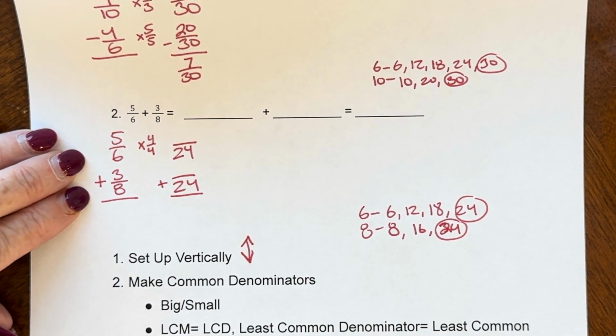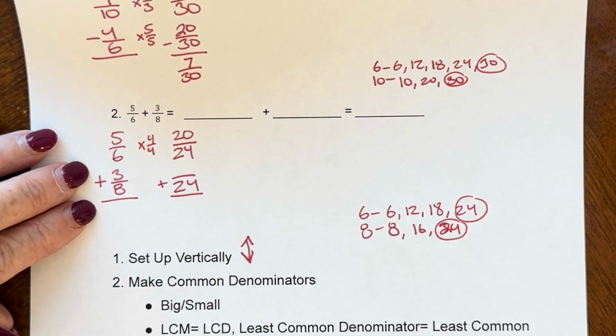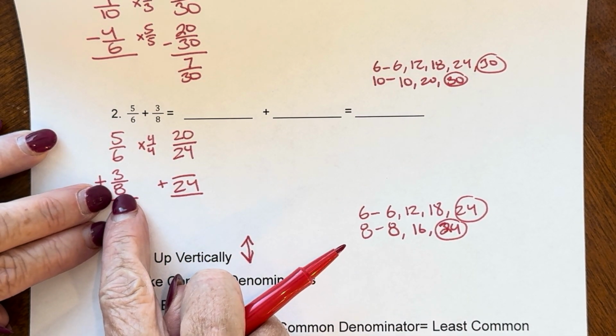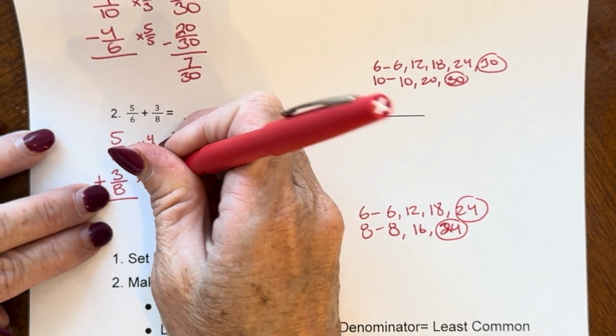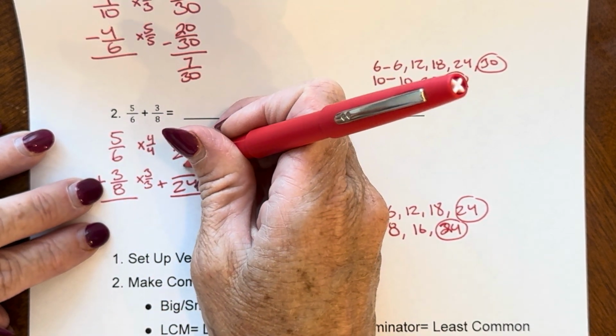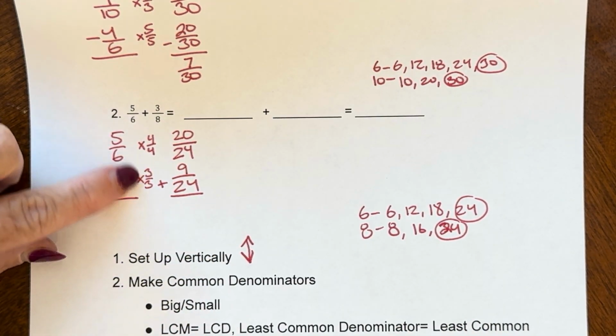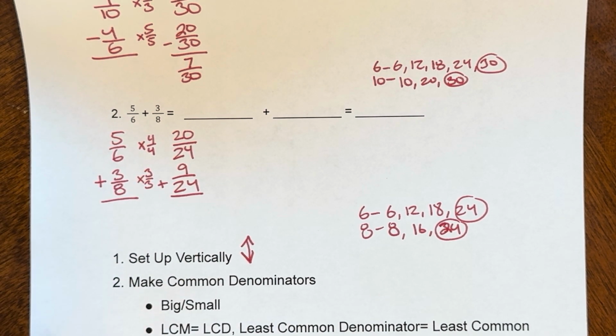So I'm going to multiply the whole fraction by 4/4, which gives me 20 and 4/24. I'm going to multiply 8 by what? It would be 3, because 8 times 3 is 24, so 3 times 3 is 9. And it's always important that you have fractions that are equal to 1 that you're multiplying.